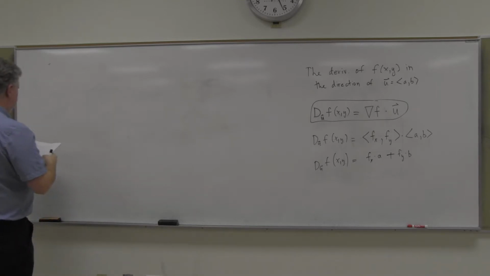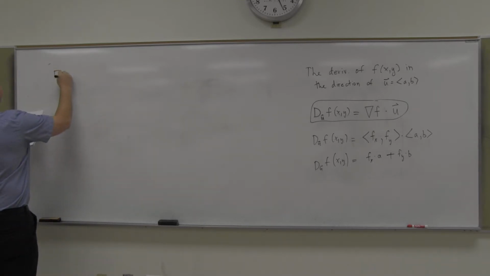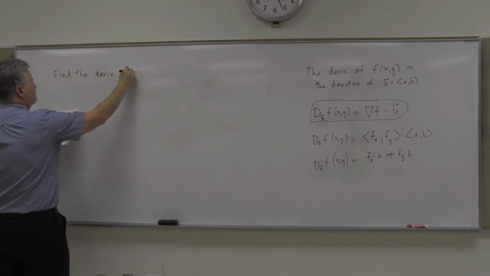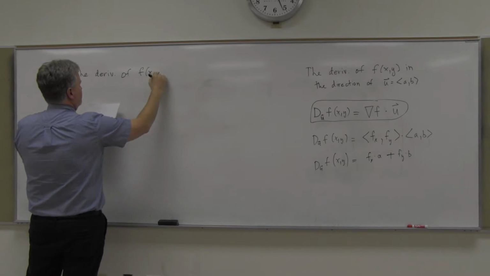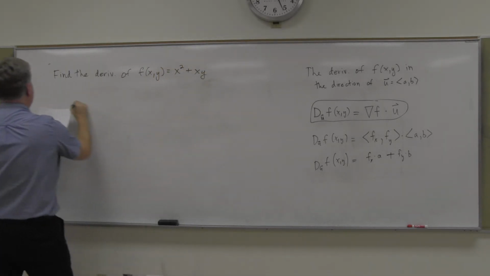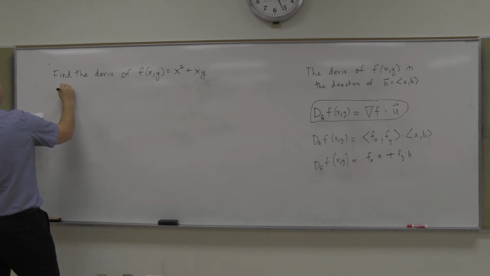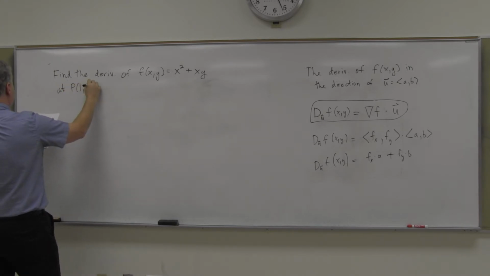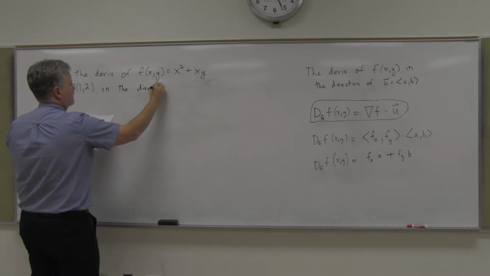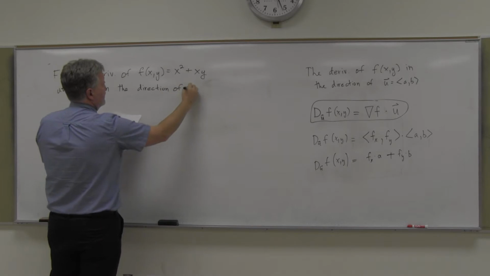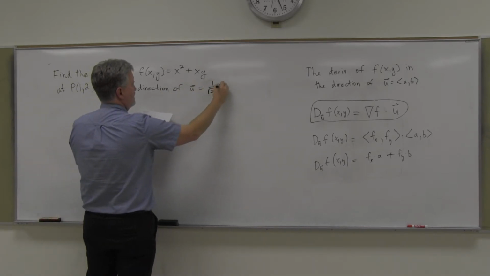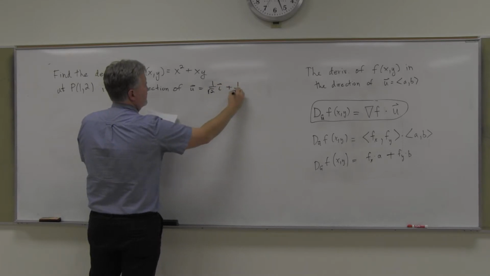All right, so let's find the derivative of f of x, y equals x squared plus xy at the point P(1, 2) in the direction of u, where u equals 1 over square root of 2 i plus 1 over square root of 2 j.